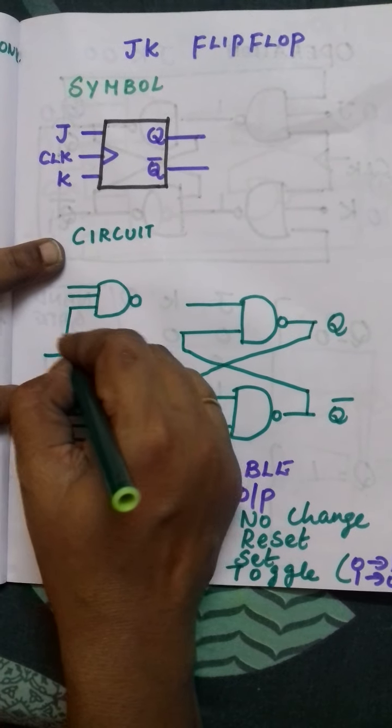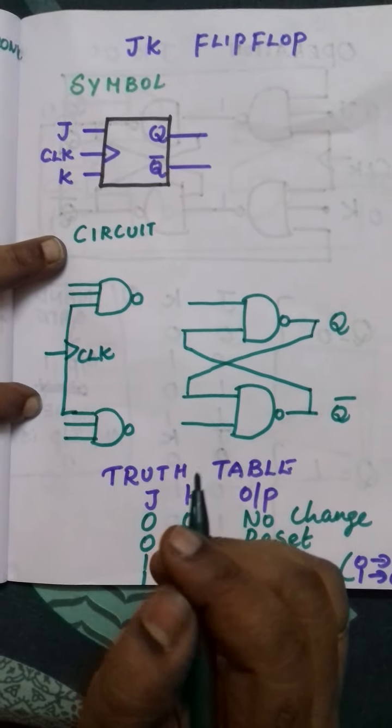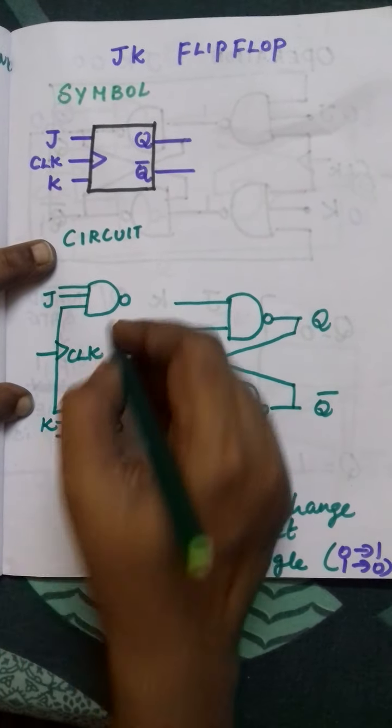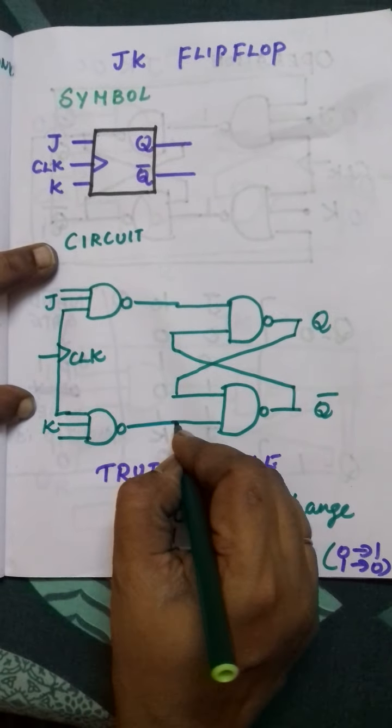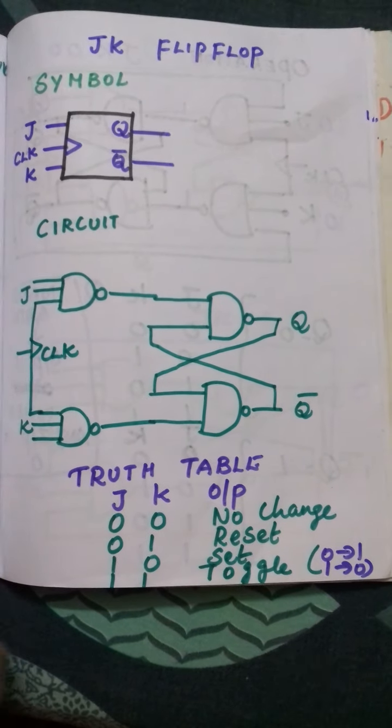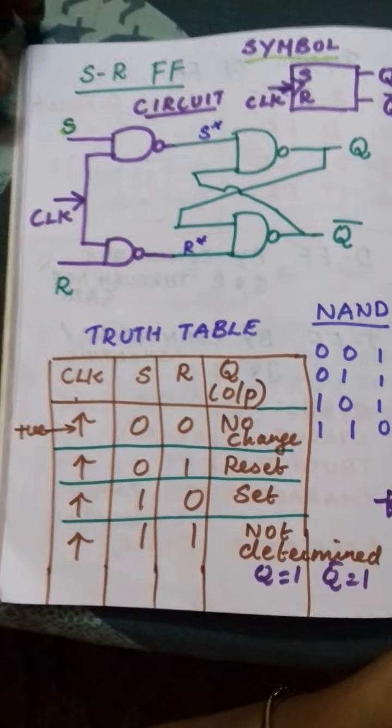So let us provide a clock like this to it, similar to that of SR. And let me name the inputs as J and K, and let me connect them over here. So now it resembles your SR flip-flop, which we learnt in the previous session.